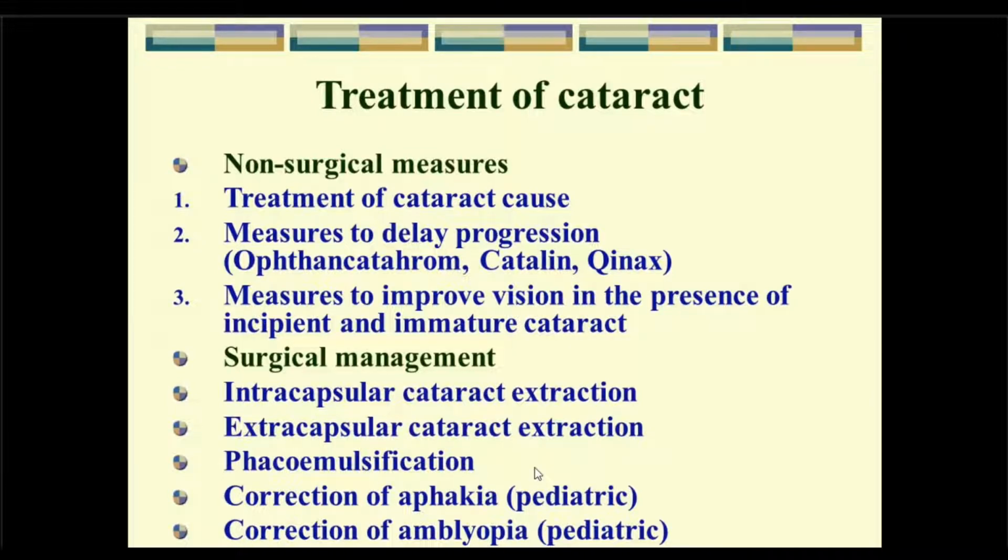But to tell the truth, we can't say that these drops are really effective. If they would be effective, we wouldn't have so many cataract surgeries. That's why the most important way of the cataract treatment, of course, is surgical treatment, surgical management.